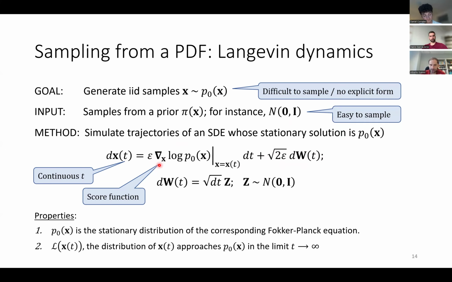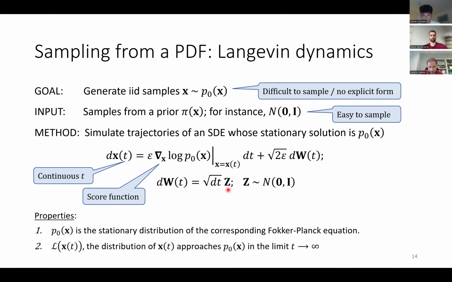The score is just another word for the gradient of the logarithm of the distribution of the initial data. I'm putting here 0 to stress that this is the initial data, okay? Watch out, because this t is not the same t as the one that we were using in diffusion. It's a different t. You can think of a different time dimension that is orthogonal to the one that I discussed in the previous step, okay?